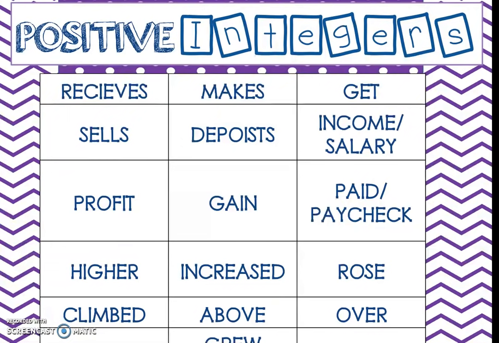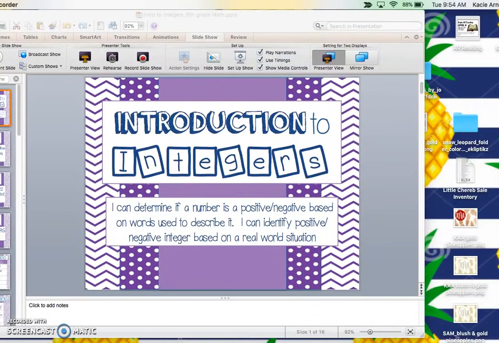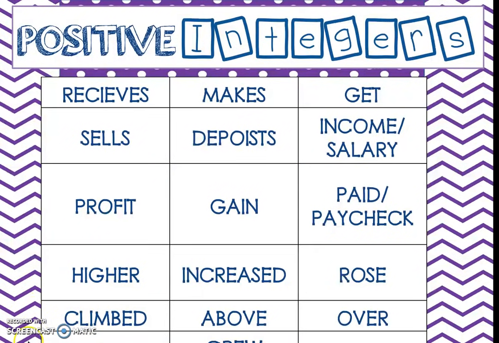Over, again, this one is cut off. And ascend is like a plane going up, flying high. And then the last one is grew. Like if a plant grew 8 inches, its height is going up.